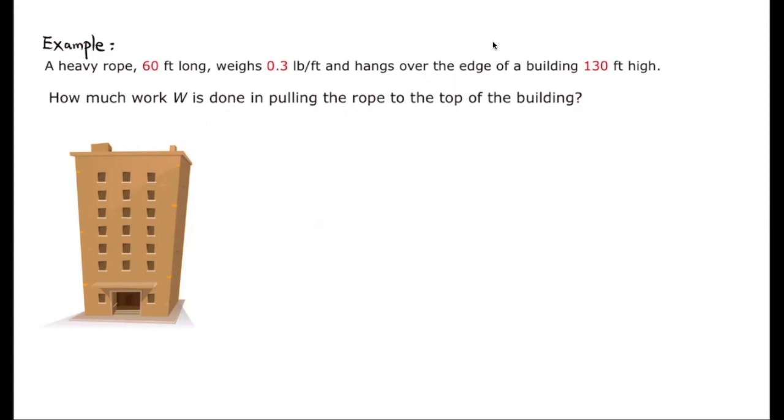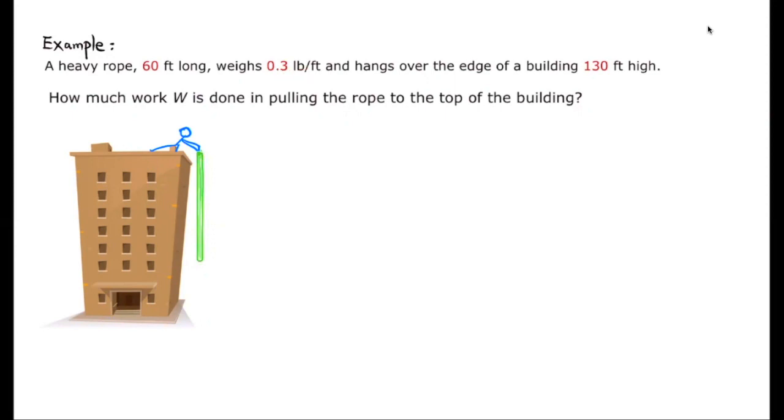A heavy rope 60 feet long weighs 0.3 pounds per foot and hangs over the edge of a building 130 feet high. How much work W is done in pulling the rope to the top of the building? So here is a rope 60 feet long and weighs 0.3 pounds per foot.